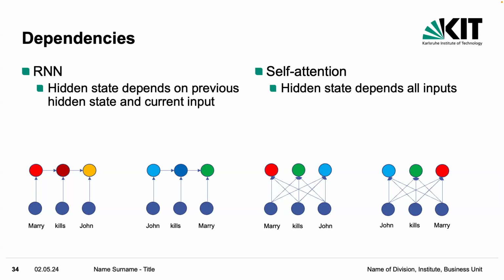But exactly as you say, if you now have John kills Mary in here, the hidden state associated to John here and here would be exactly the same. They would be in a different order, but Mary and Mary would have the same hidden state. Kills would be, and John. While here we have a different thing. If you have an RNN, it always depends on your previous hidden state and your input.